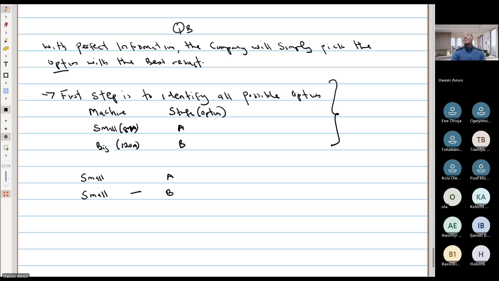The same thing for the big machine. We might buy the big machine and state A will happen. We might also buy the big machine, but instead of state A happening, state B will happen.